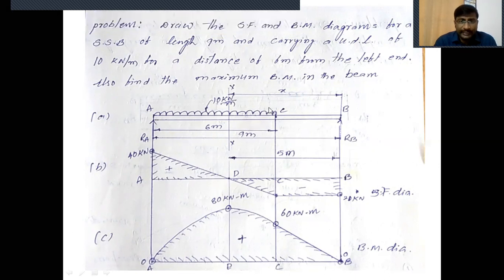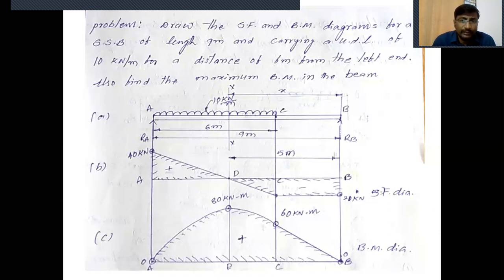The UDL is 10 kilonewton per meter. For every meter, 10 kilonewtons. How many meters is it occupying? 6 meters. So how much total load is between A and C? 10 kilonewtons into 6 meters, therefore 60 kilonewtons load is acting between A and C. If a UDL is there, simply multiply the UDL value by the distance occupied by the UDL to get the load value.